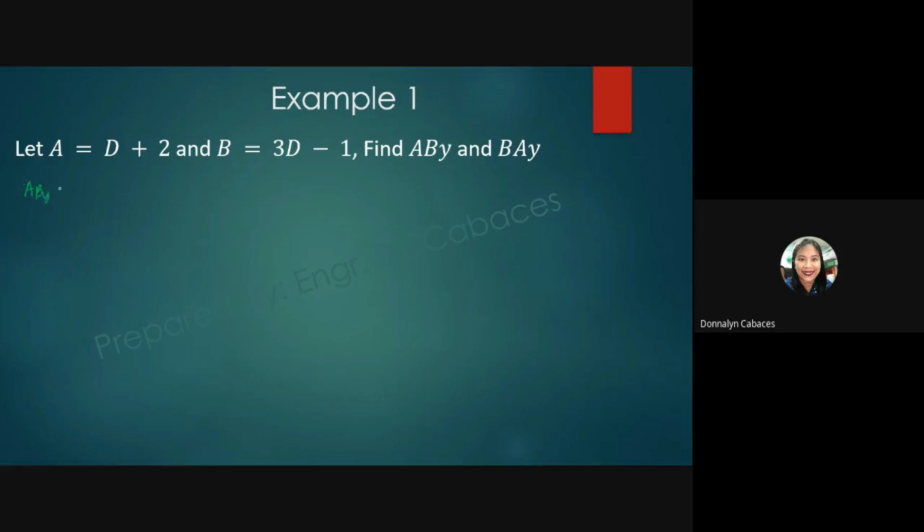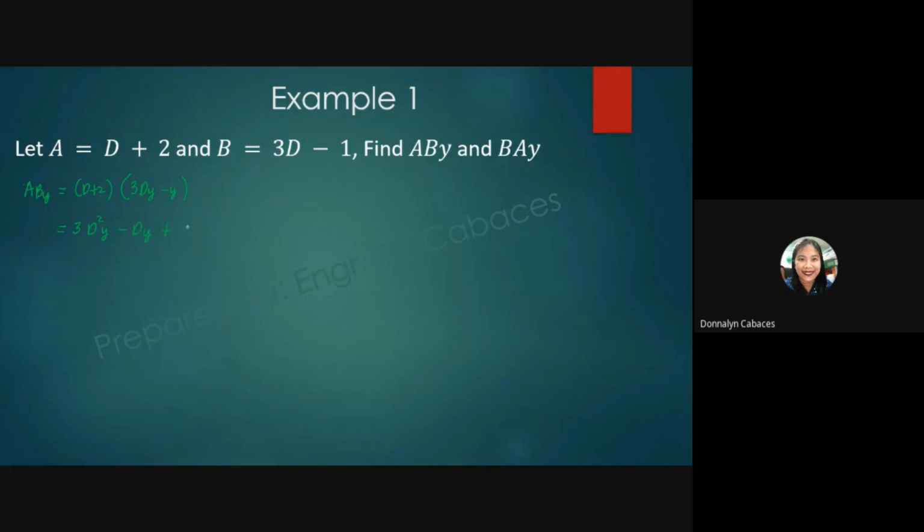You have 3D. So for our ABy, you have to introduce B to y. So D plus 2, and then our By is 3Dy minus y. Evaluating now, you have the derivative of 3Dy, so that is equal to 3 times the second derivative of y, and then minus the derivative of y.